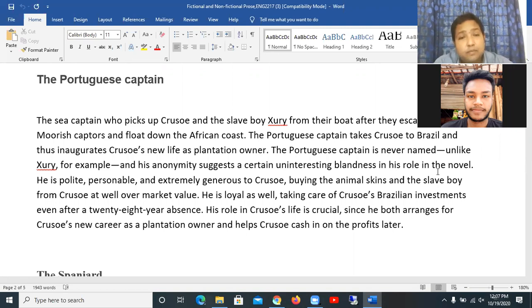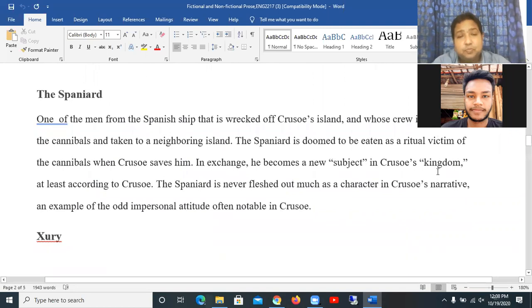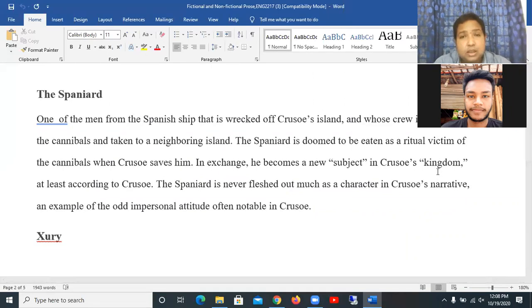Then we have the Spaniard. If we scroll down, we will find the character of the Spaniard. So you see, we have a character from Portugal. Now we have a character from another rival country, that is Spain.